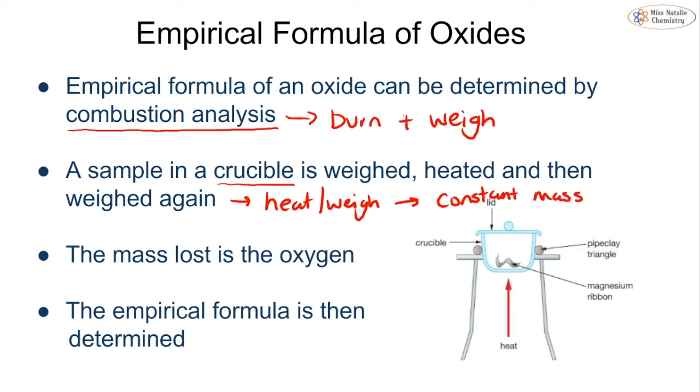And once we reach a constant mass, it means that we are not going to be losing any more oxygen. So all of the oxygen will be lost once it's heated to a constant mass, and then from that information we can determine the empirical formula, because we would be able to weigh what we started with and then what we ended with. And once we know what has been lost in terms of oxygen, what's left over must be our metal.